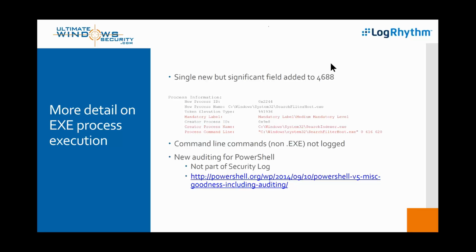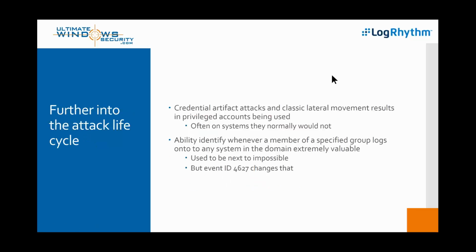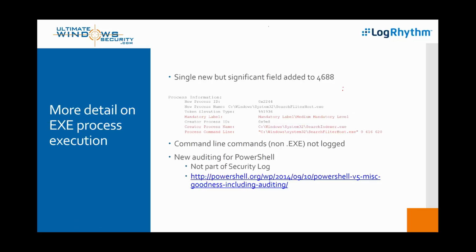Now, in the old days, we would have had to get the 4688 that says, and I'm going to use PowerShell because it's one that comes to my mind quickly, and we would get the creator process ID off of that event.